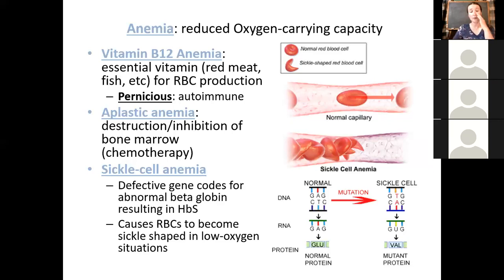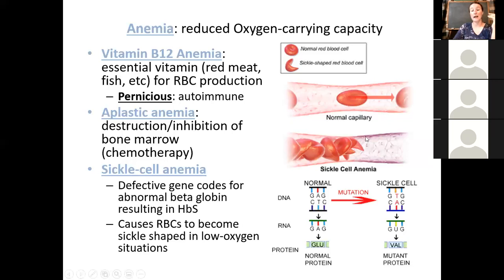And that's a problem because your capillaries are essentially about as wide as a single red blood cell. And so normal old red blood cells can slip through capillaries, no big deal. But sickle cells are of course a little bit longer because of their shape, because the cell is kind of squished.